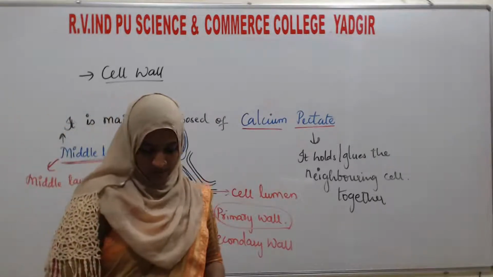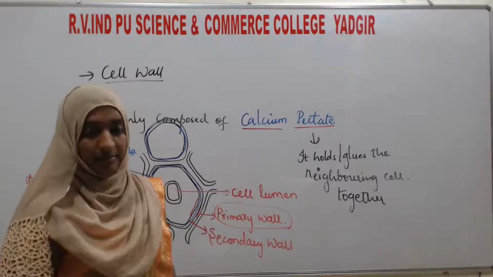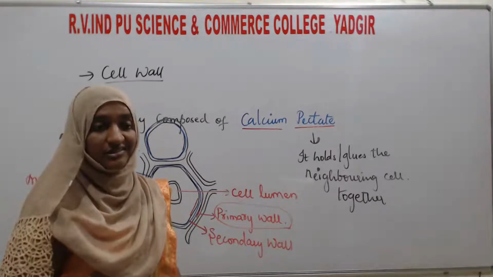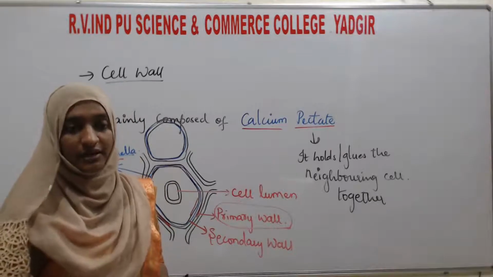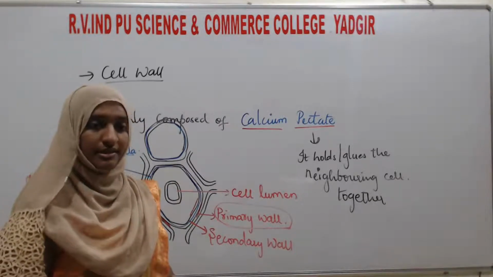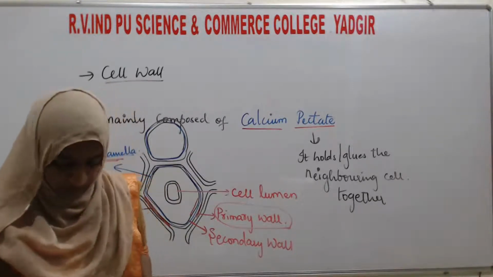Then here the cell wall and the middle lamella will be seen in transverse view. If it is seen transversely, there is a presence of certain structures known as the plasmodesmata.